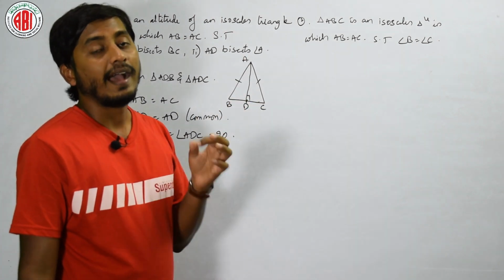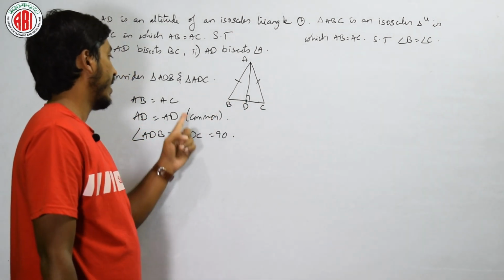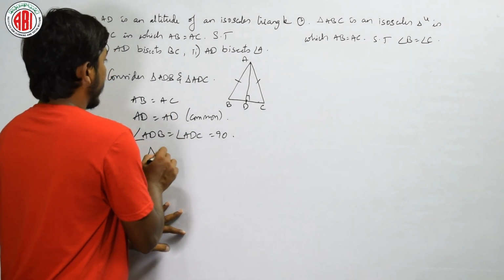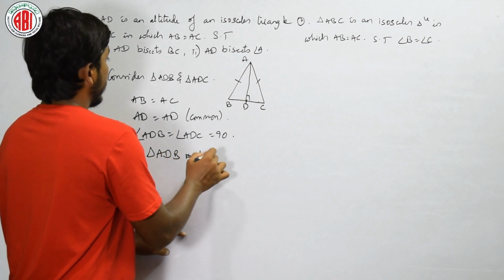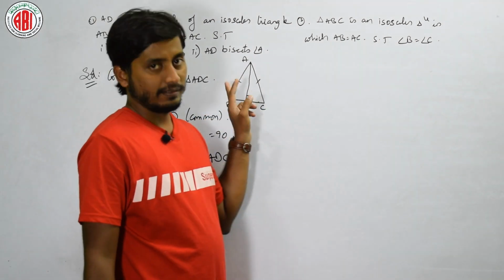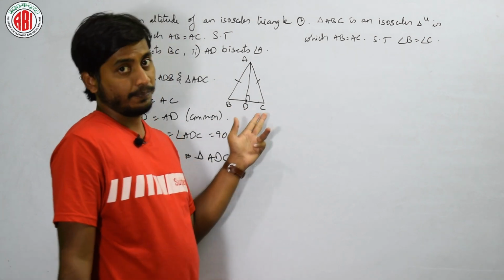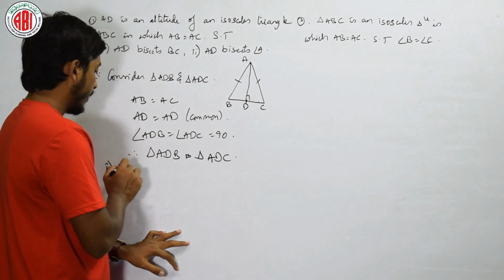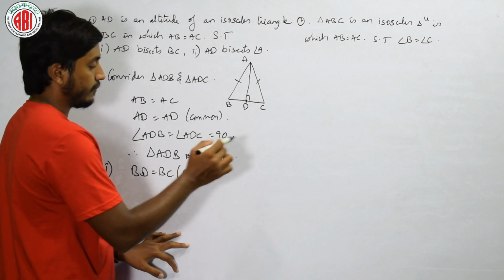Then by RHS congruence, that is right angle, hypotenuse, side, therefore triangle ADB is congruent to triangle ADC. If both the triangles are congruent, then both these parts are equal, that is BD equal to DC, therefore BD equal to DC by CPCT.